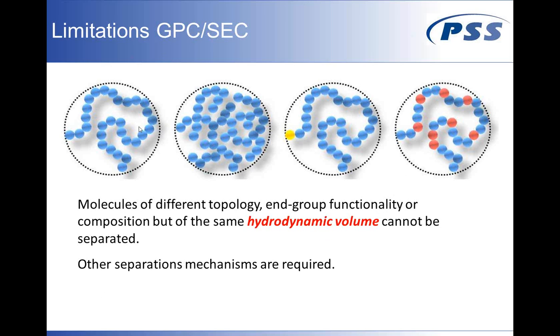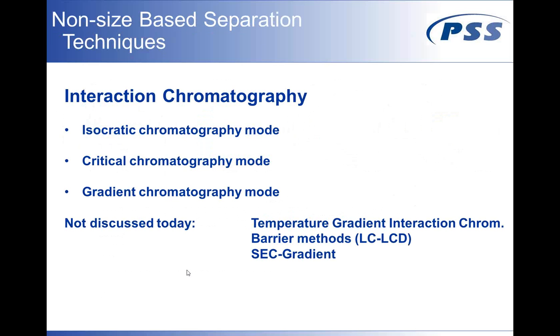Therefore, in order to separate these kinds of molecules, for example, to determine whether I have molecules with and without a functional group, which is indicated by this yellow dot here, or whether you can separate a completely blue molecule from this copolymer molecule, we need other separation mechanisms besides size exclusion chromatography. So that means we need non-size-based separation techniques, and that means we would like to use interaction chromatography.